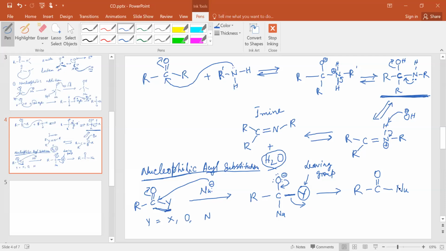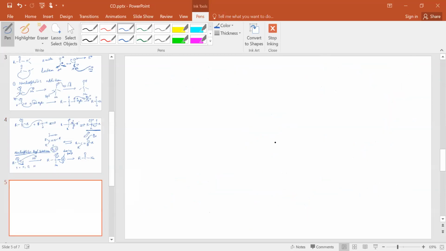We discussed this reaction previously, if you remember: the reaction of a Grignard reagent with an ester, with exactly the same mechanism.